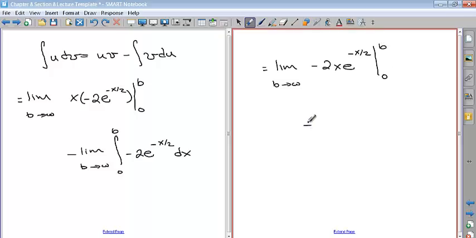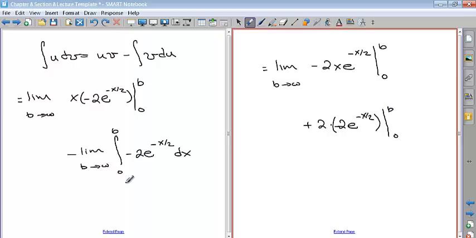And then the second one, you get a positive sign, negative times negative. You get your constant 2, and then you integrate e to the minus x over 2, which we've already done. That was, actually, negative 2. So it's negative 2 e to the minus x over 2. And now since I've integrated, now I can put on the limits again.